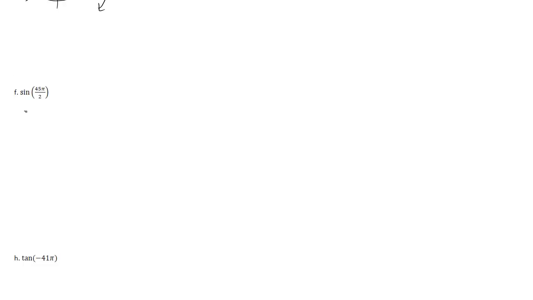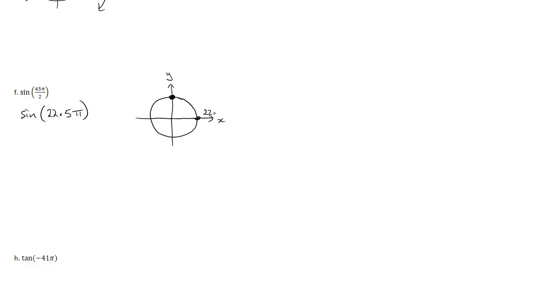Now this can be simplified. 45 over 2 is the equivalent of saying 22.5 pi. And 22.5 pi means that you're going around the circle 22 times, so you end up there, and then you're moving by half a pi, which is right here.